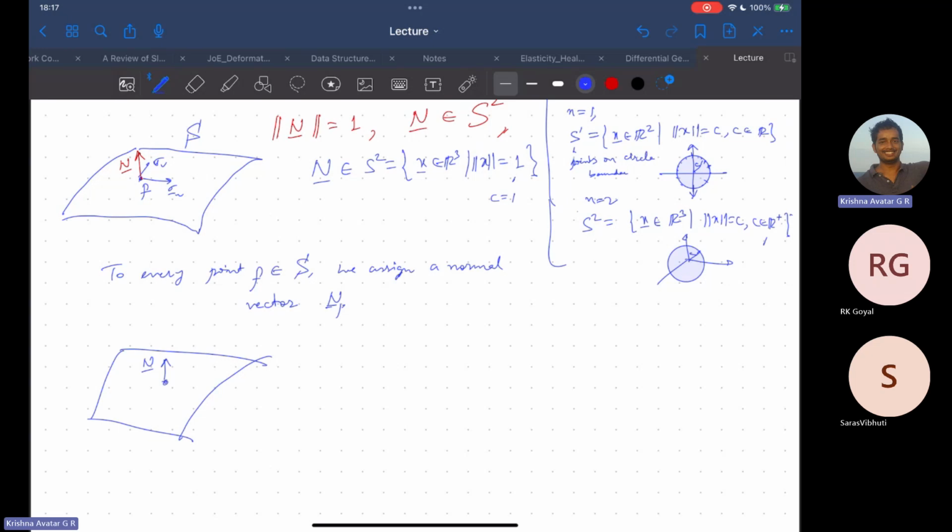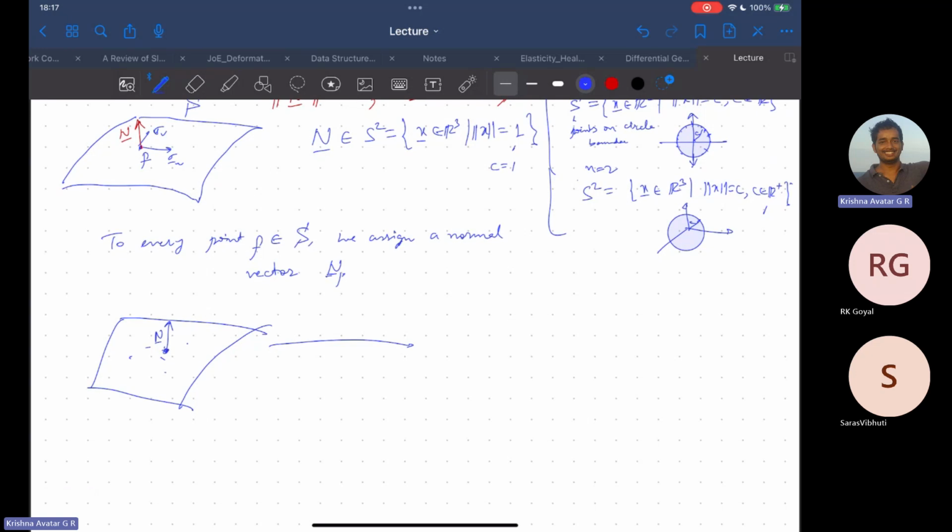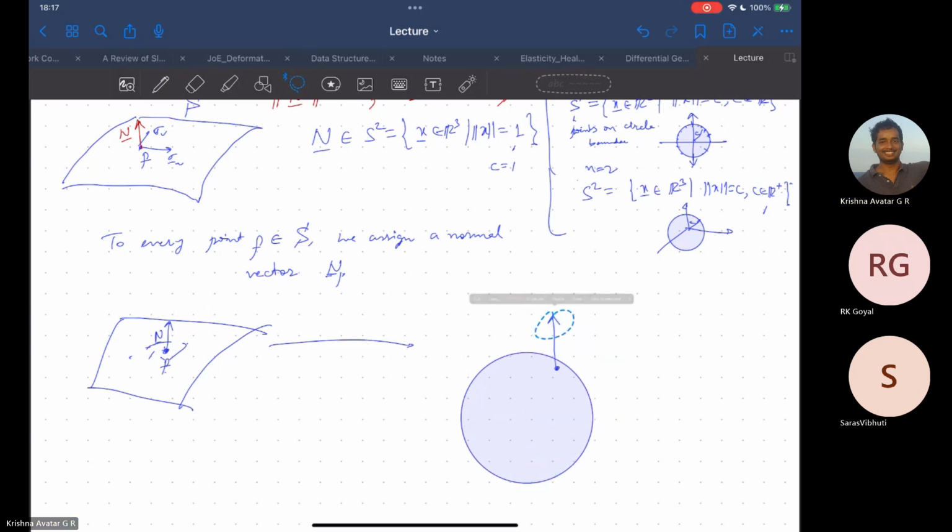So all that Gauss map does is it maps any point, so this is the n vector here. It's a map which gives us a mapping from the normal at a point p on the surface to a sphere, because ultimately all normal vectors are points on the spherical boundary.